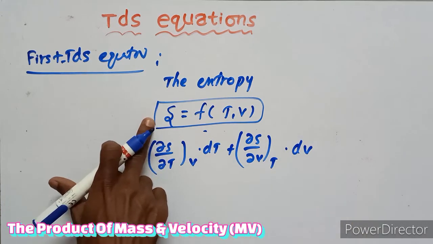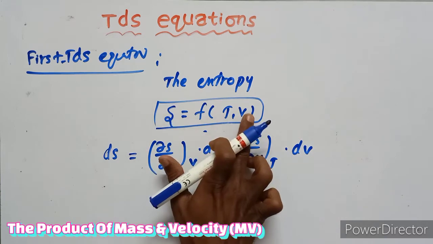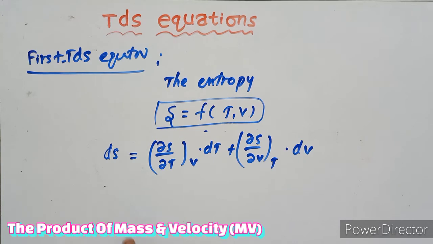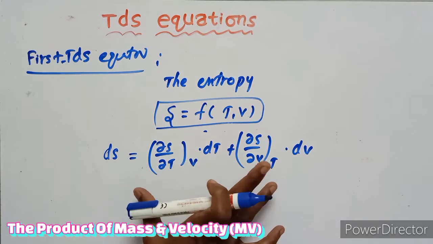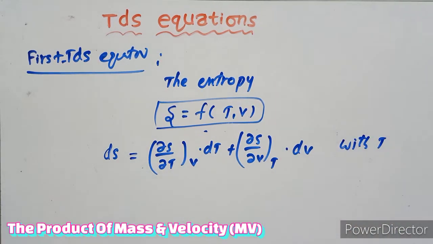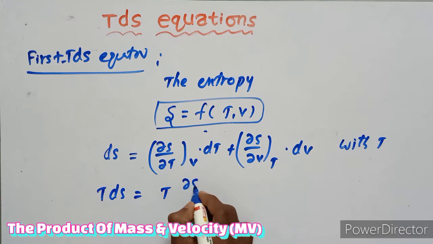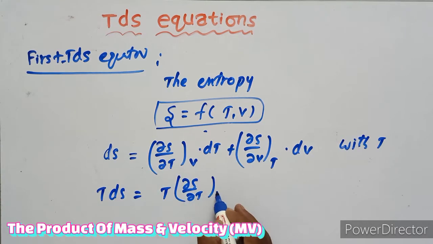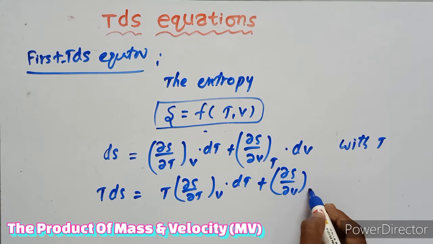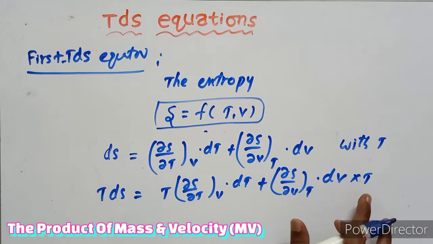So multiplying this equation on both sides with T, this equation can be written as Tds equals T into dou s upon dou t at v into dt plus T into dou s upon dou v at t into dv.